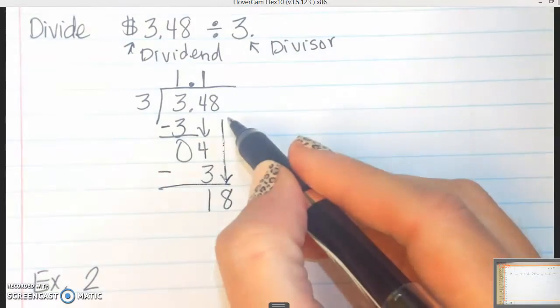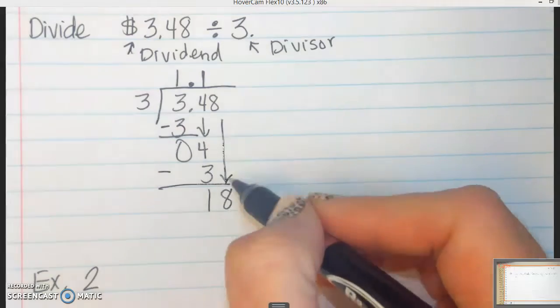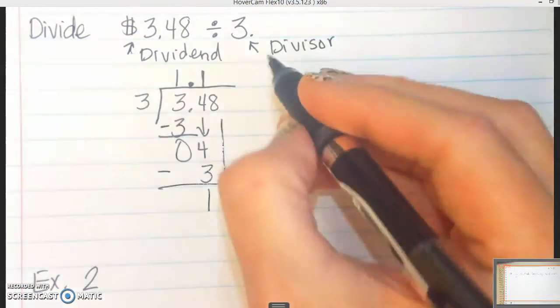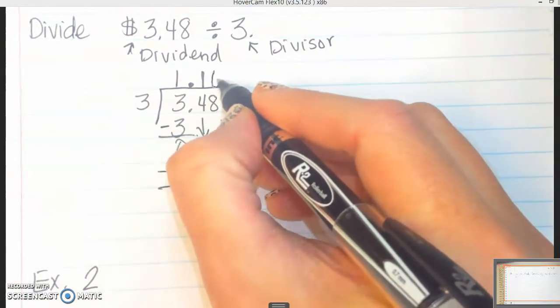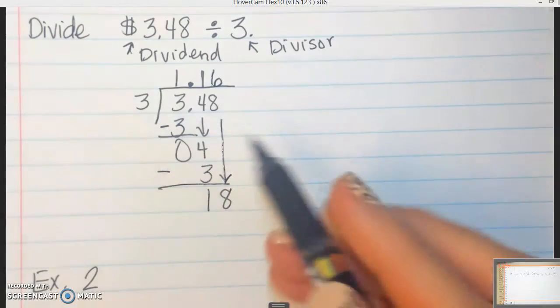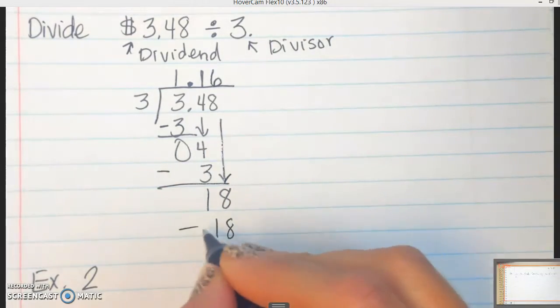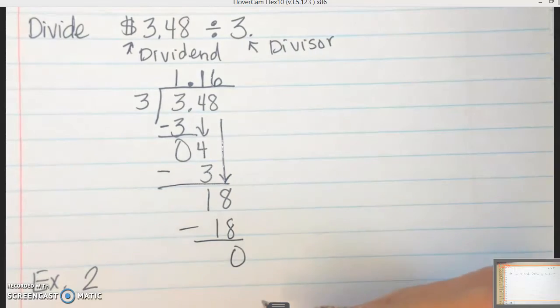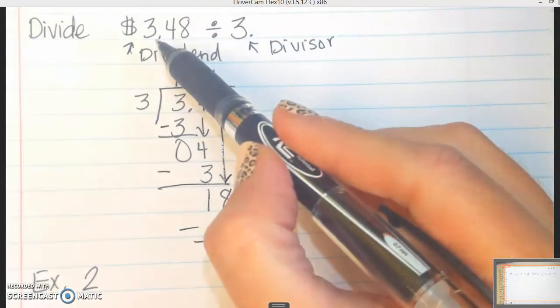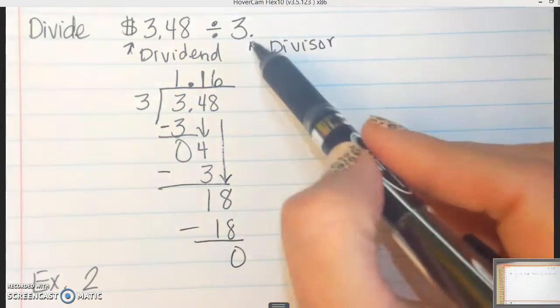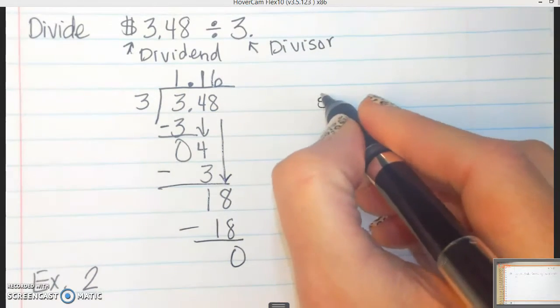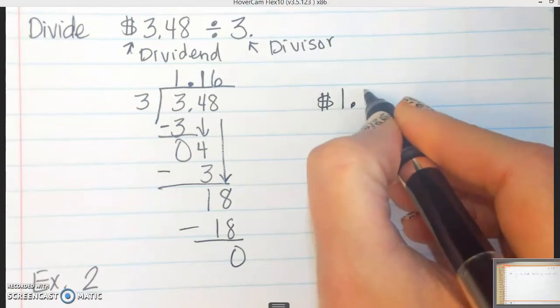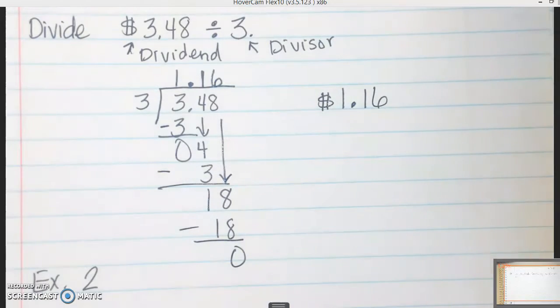Notice how each time I'm putting my number on top, I'm making sure it goes above that number that I brought down. So my 6 would go right here above the 8. So 6 times 3 is 18. I subtract and get 0. So when I divide $3.48 by 3, I end up with $1.16.